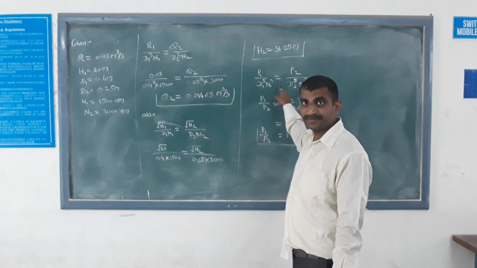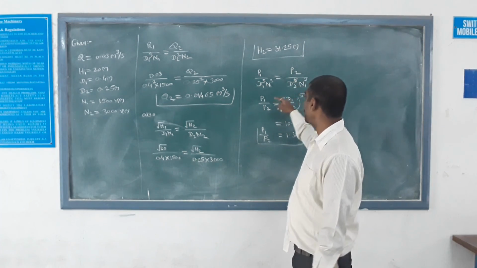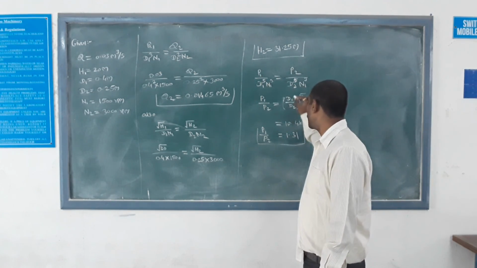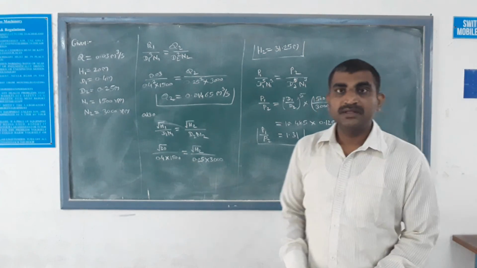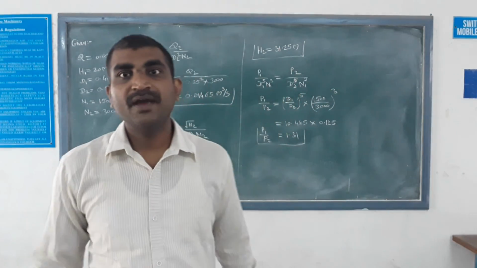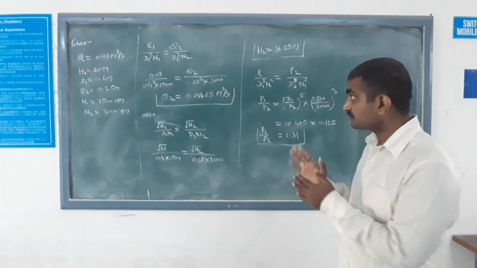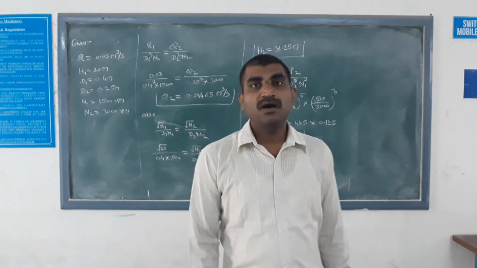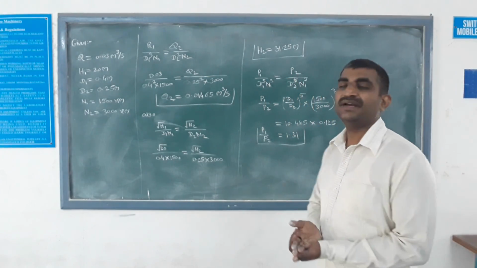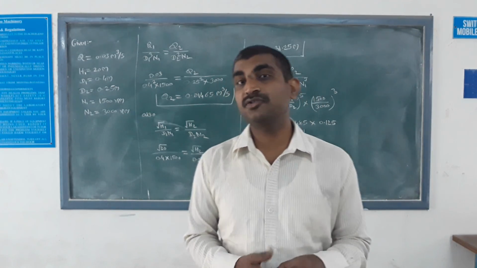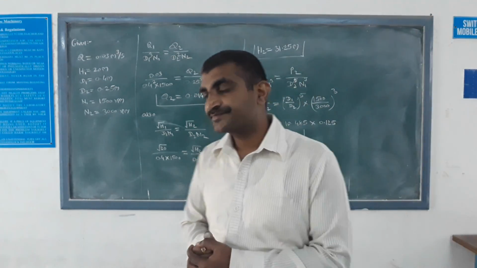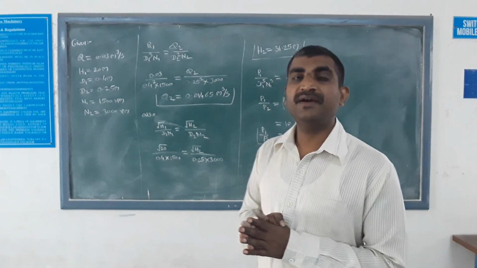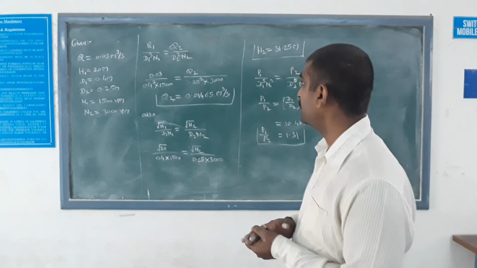Similarly, using the geometrical similarity property, we found the ratio of P1 and P2 directly from the formula. This is a very simple problem: all parameters are given, and we only put the values in the formula. But this problem is also asked in university exams, so be prepared for this centrifugal pump problem.